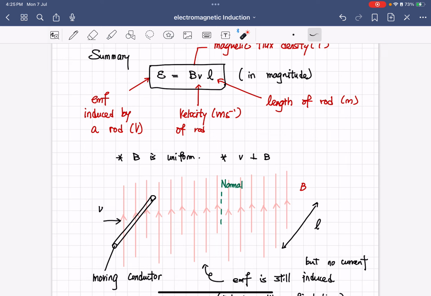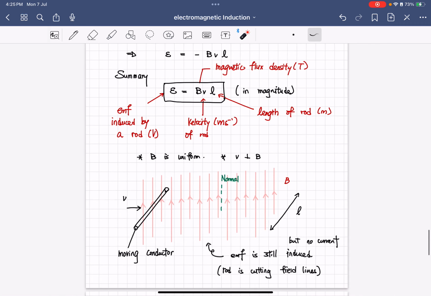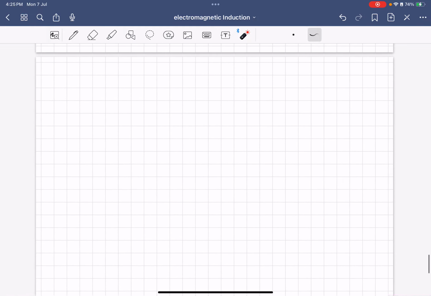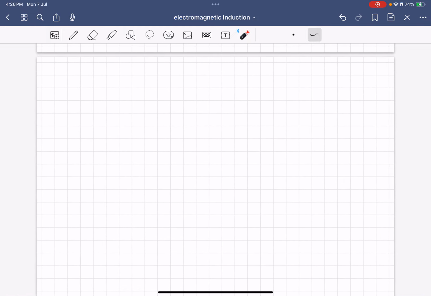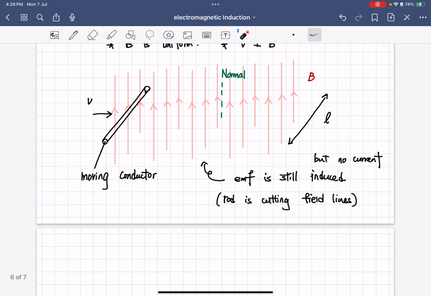Let me see if I can find a question to elaborate this further. Still loading.